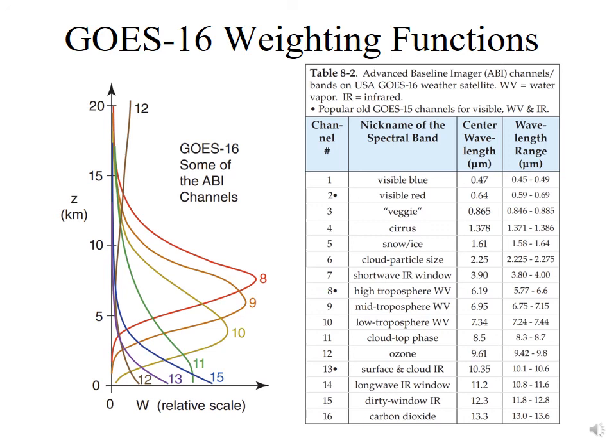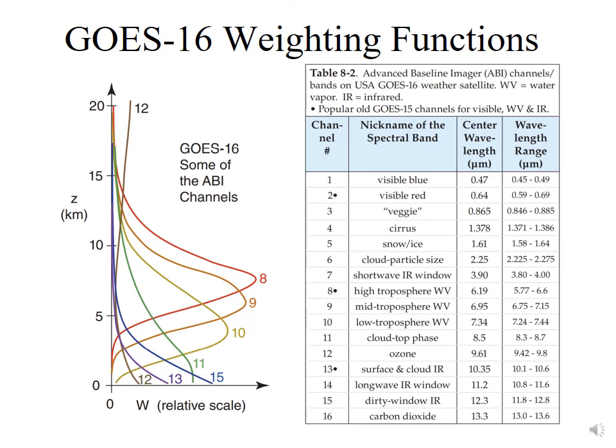It's going to be sensitive to the surface and the infrared energy emitted by the cloud top, regardless of the elevation of the cloud, because the atmosphere is transparent to those wavelengths. Whatever is being emitted from the surface below will make it to space. And so channel 13 is looking at surface temperatures and cloud top temperatures.